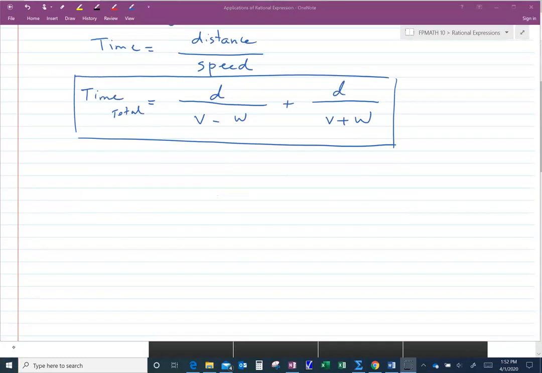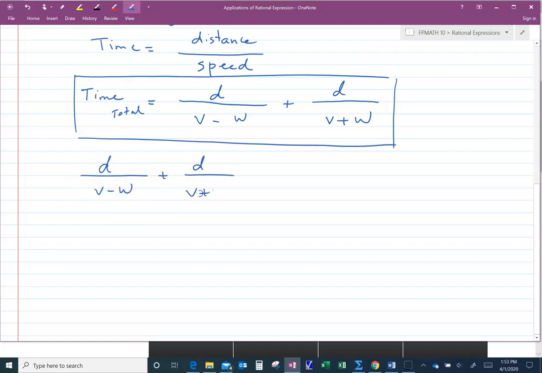Now that we have this, you need to go ahead and add the two rational expressions, just as we have done before. So d over v minus w plus d over v plus w. I put the denominators in brackets.